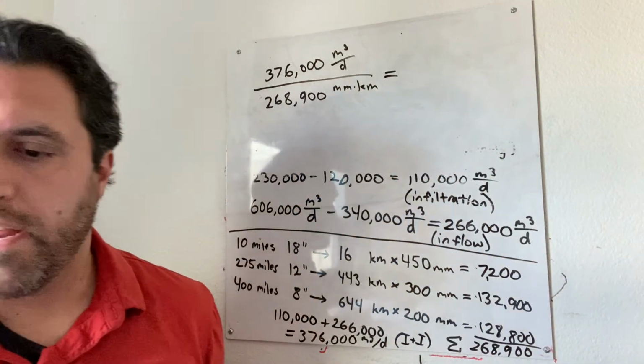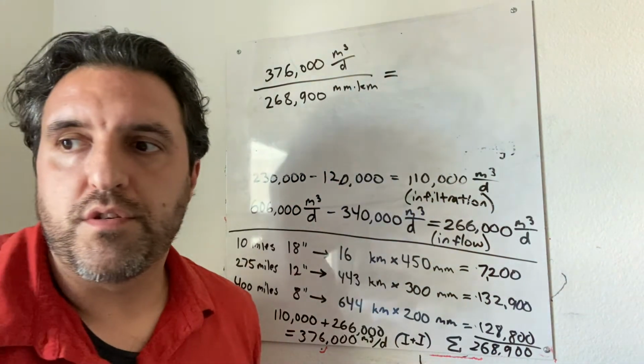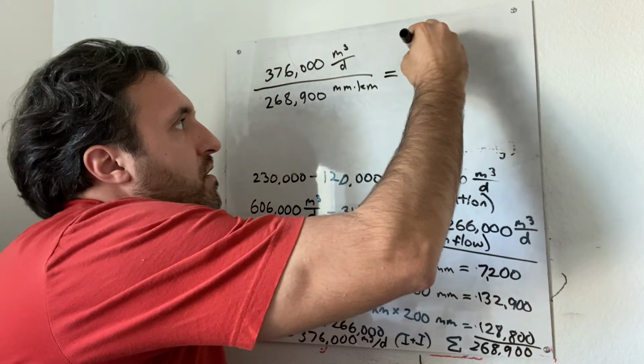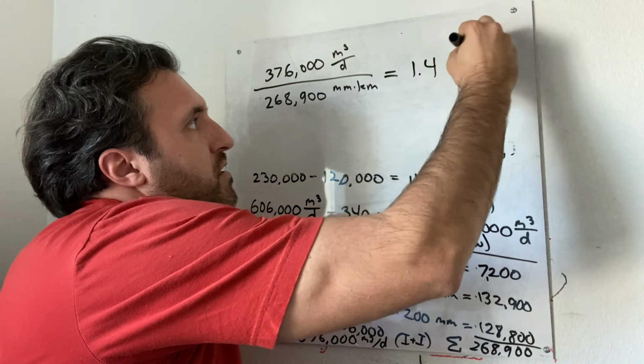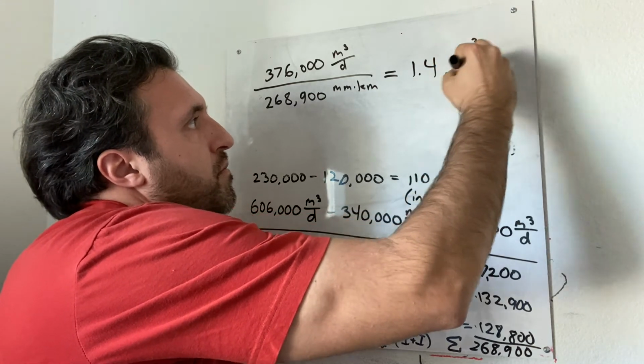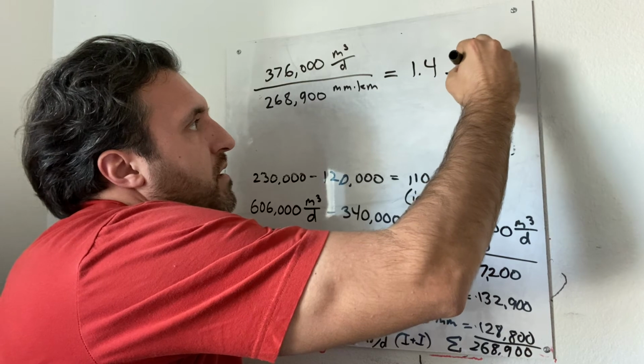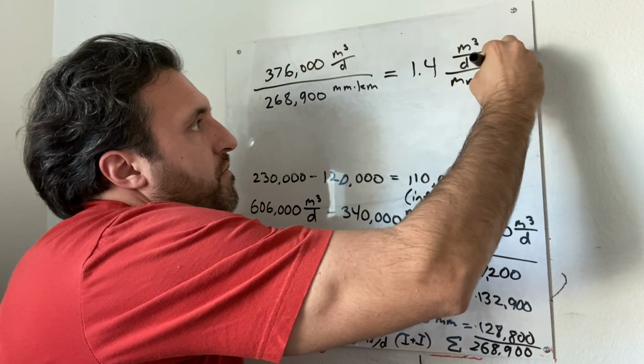And that gives us our rate, which comes out to approximately 1.4 cubic meters per day per millimeter-kilometer.